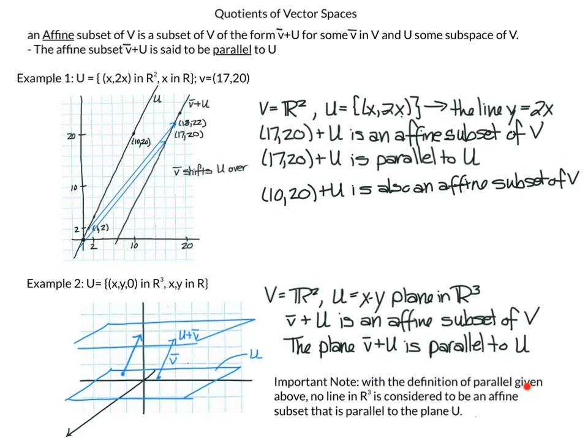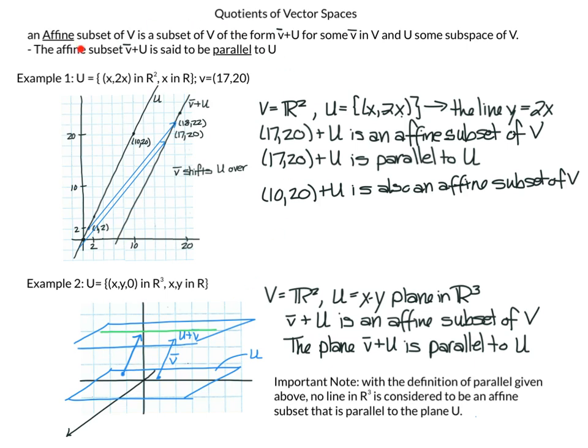With the definition of parallel given above when we talked about affine subsets, no line in R3 is considered to be an affine subset that is parallel to the plane U. So in other words, if I have this green line here that is totally contained in this plane U plus v, we would not say that this line is parallel to U, even though the line will never intersect U. And that's kind of the definition of parallel we learned from geometry.